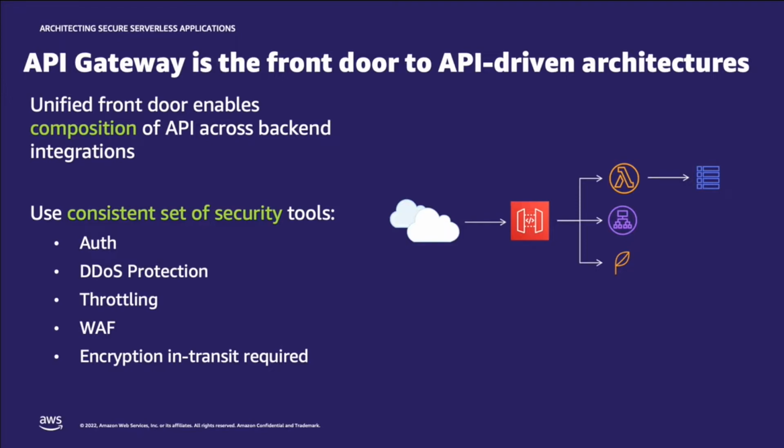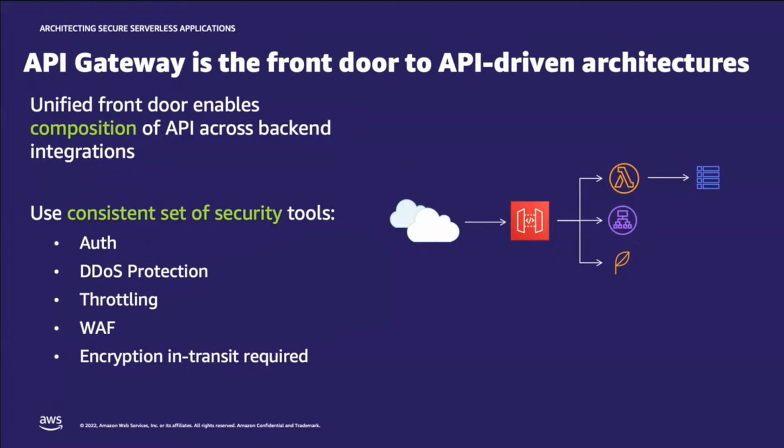So when it comes to the application, of course, one of the key components is the API gateway, which is the front door to API-driven architectures. There are multiple ways and multiple benefits of using this. For example, you can use this to implement throttling, DDoS protection.